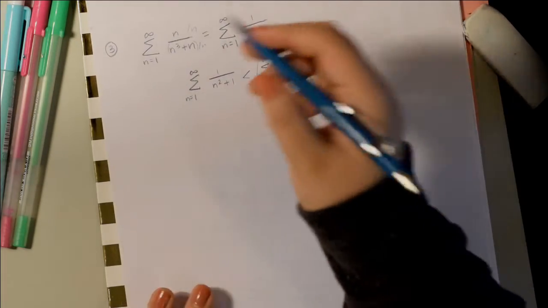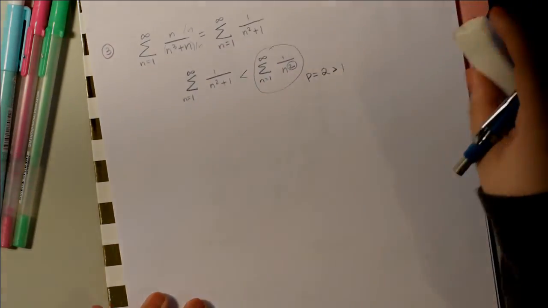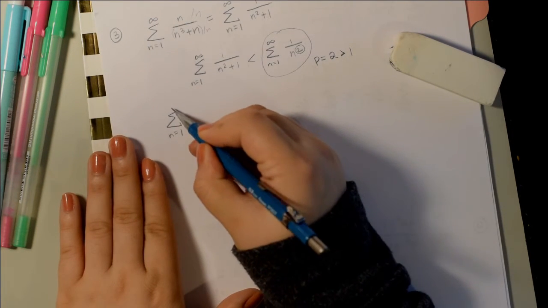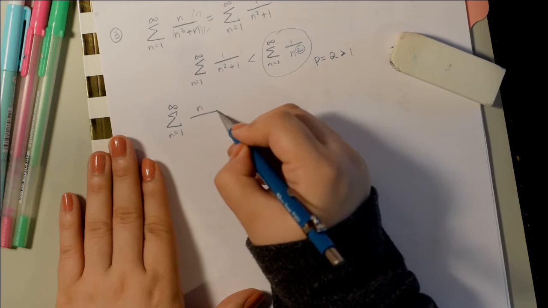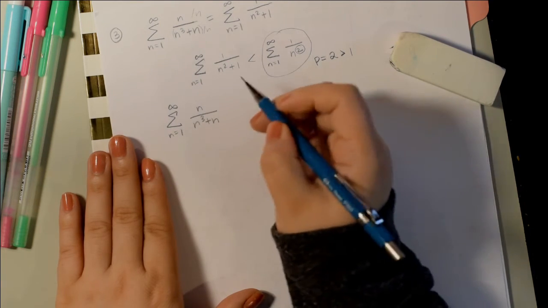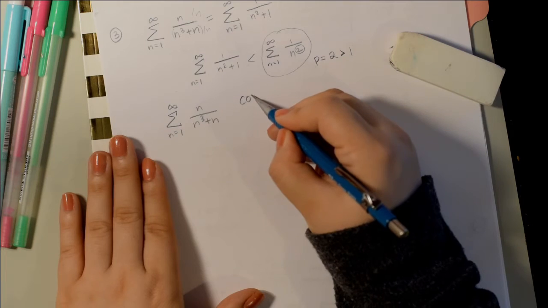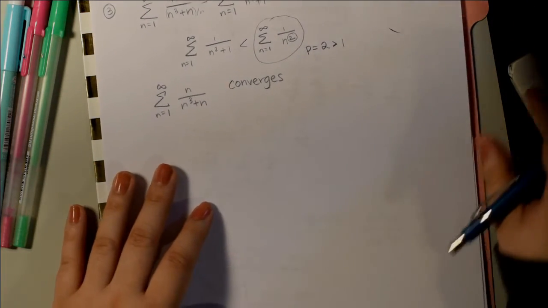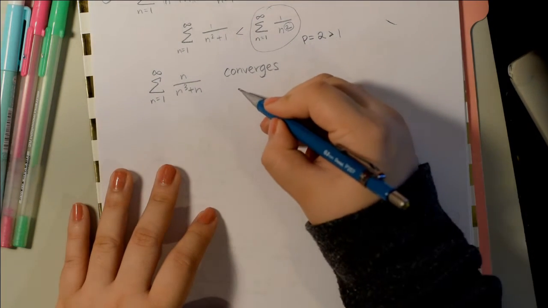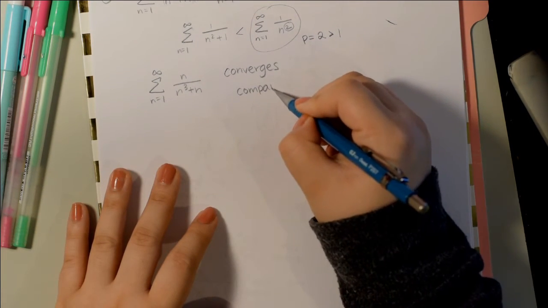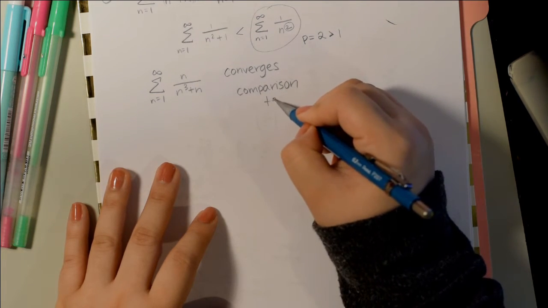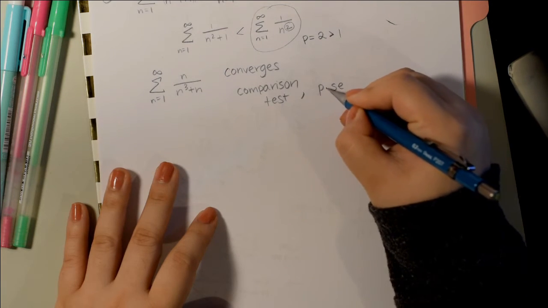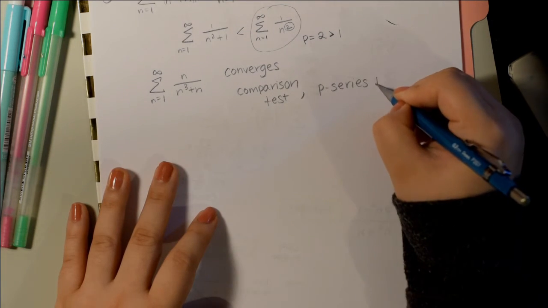So our original problem, n over n cubed plus n, converges, and we used here, but you might have done it a different way, the comparison test, but also the p-series test.